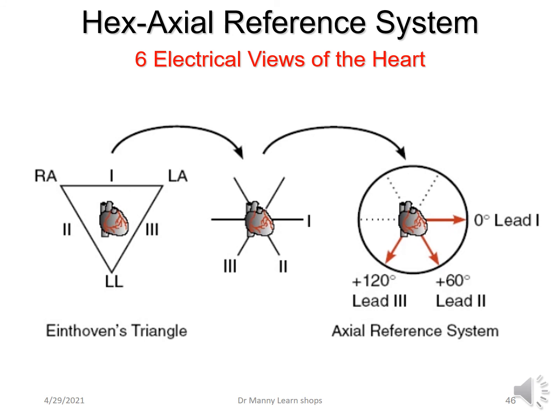If we take it a step further, Einthoven's triangle can be converted into what is called the hexaxial reference system. And this looks at 6 electrical views of the heart. And it can be measured. You can provide degrees to give you an indication of where the current is going and where it has come from.